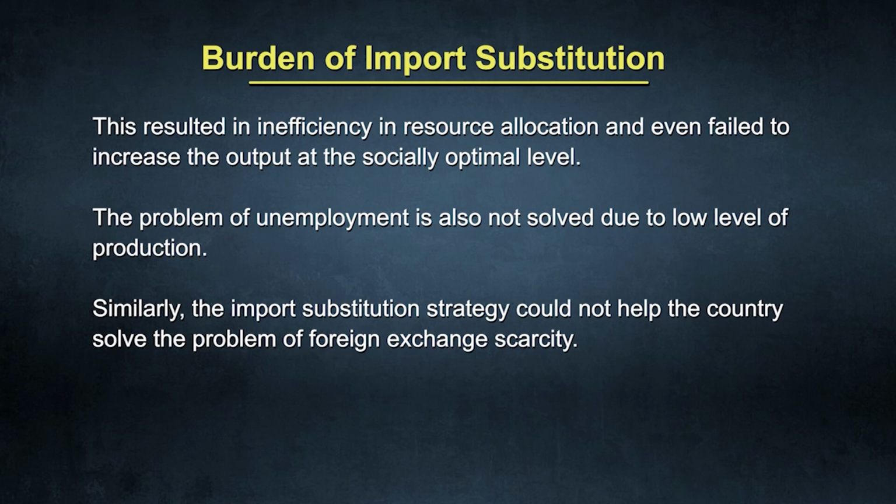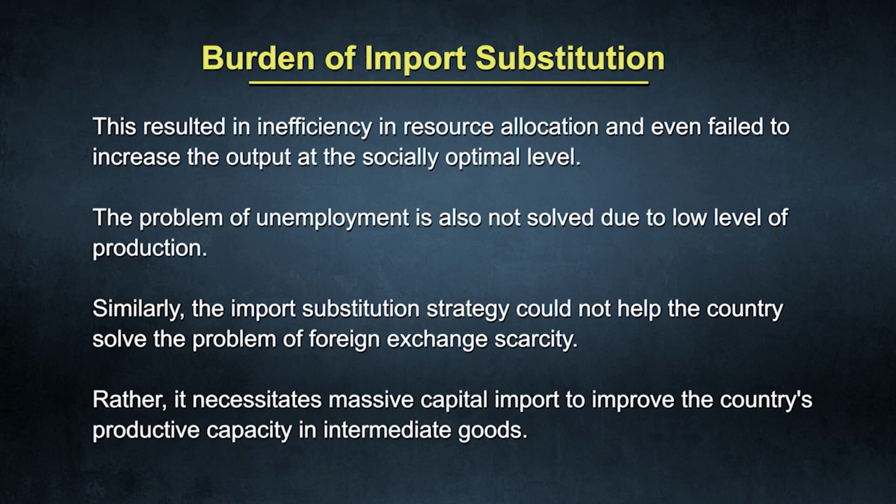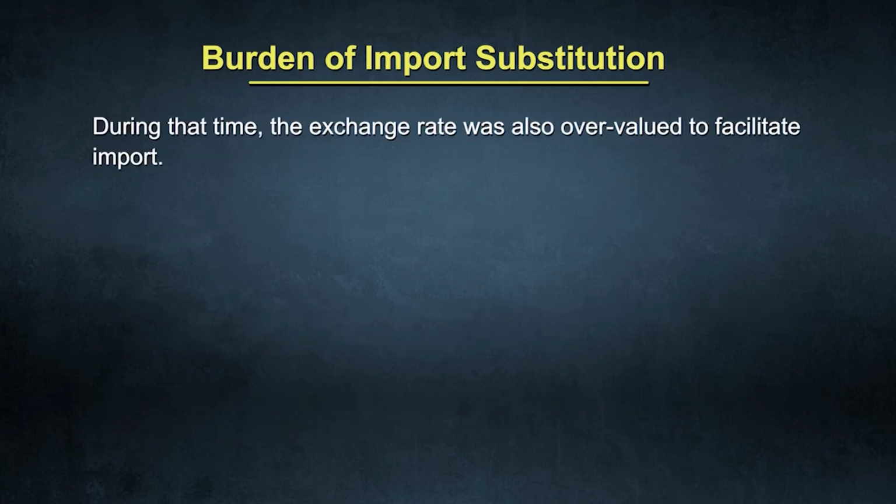Similarly, the import substitution strategy couldn't help the country solve the problem of foreign exchange scarcity. Rather, it necessitated massive imports to support its drive towards producing more intermediate outputs or capital goods. During that time, the exchange rate was also overvalued to support these massive imports.